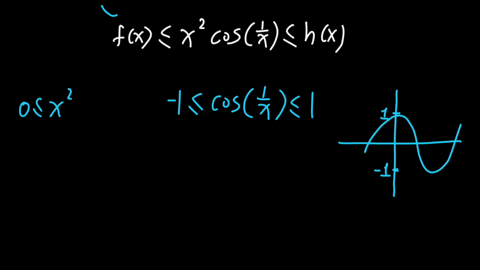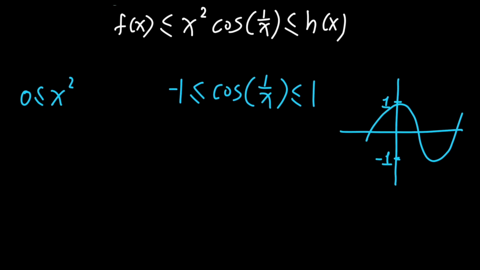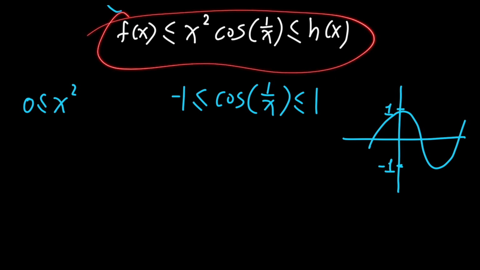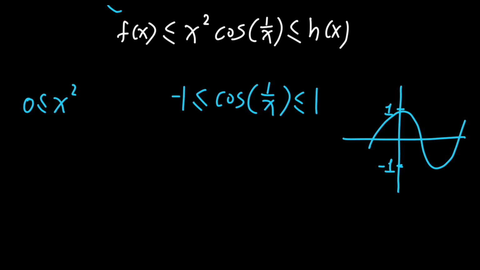So since we found the boundary, what we want to do is to rewrite these two boundaries so that they are similar or the same as this first inequality. Since for the middle function we're missing some parts, for this one we're missing x squared, and for this one we're missing the cosine function. So why don't we just multiply the missing part on both sides?